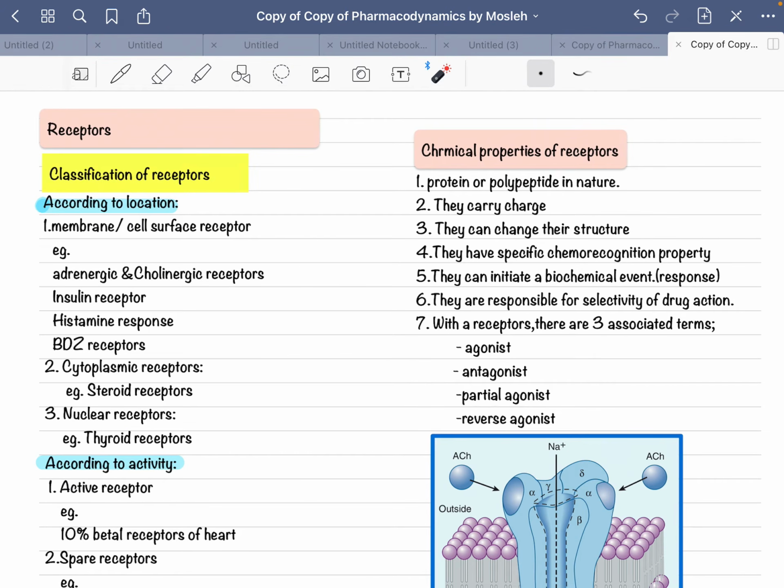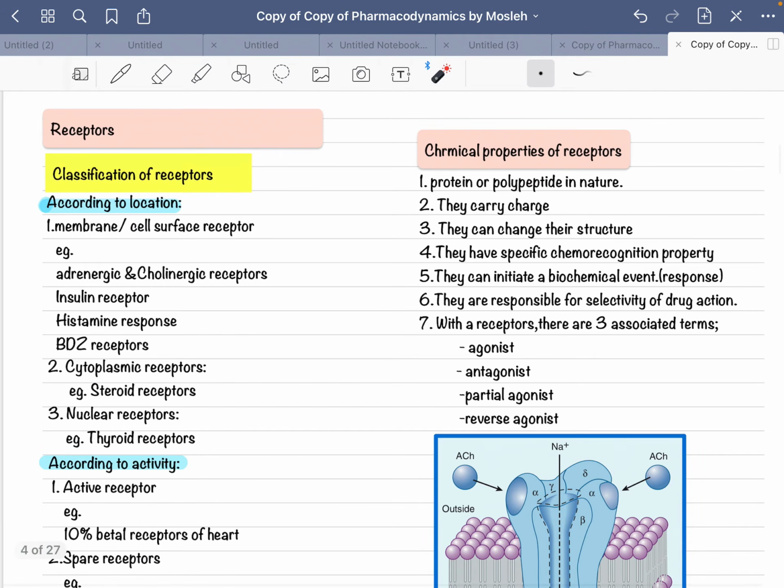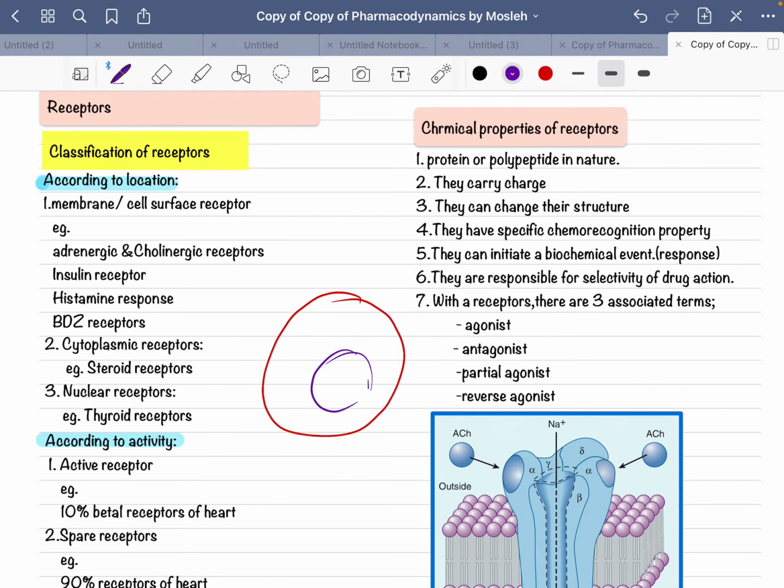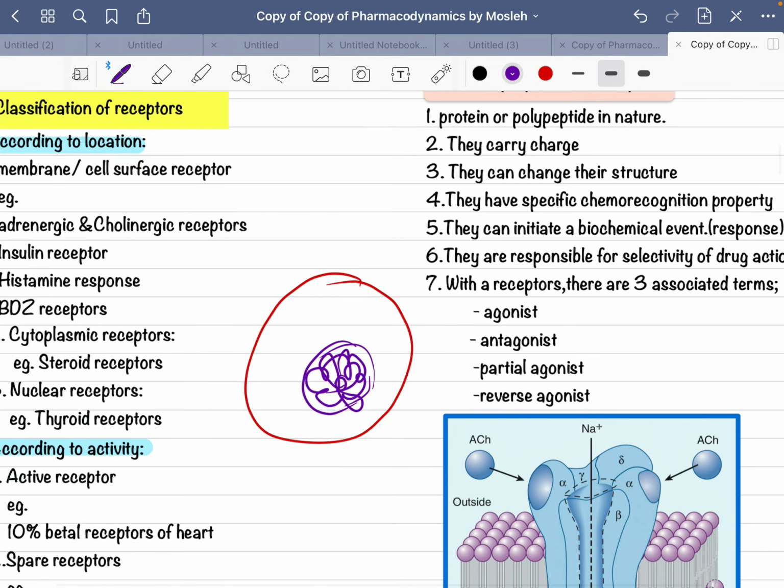At first we will classify the receptors according to different headings. Okay, at first according to location, the receptor can be located in 3 locations of a cell. Look at the picture. Suppose this is a cell, and here is the nucleus of this cell.